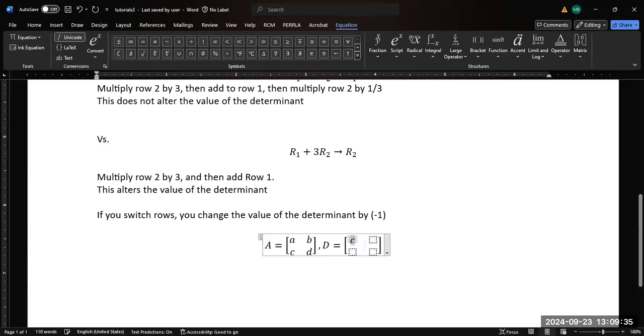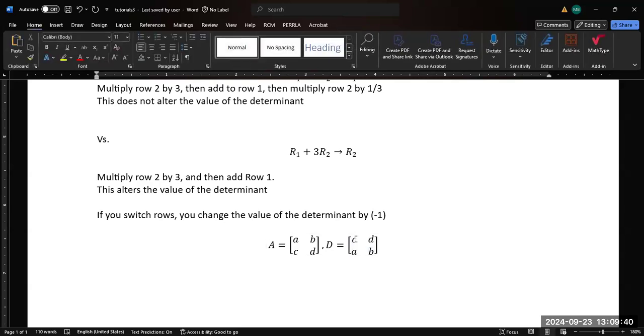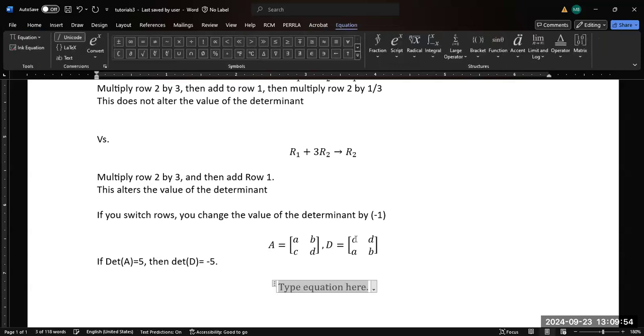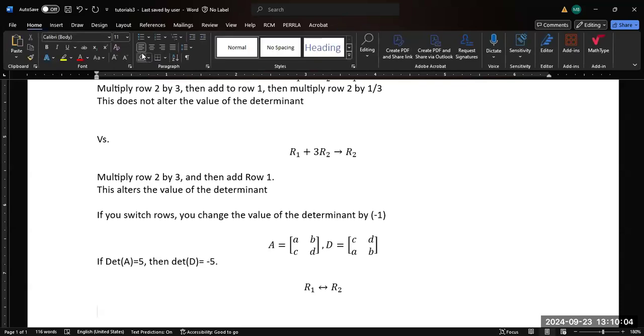Switching the order would be C, D, A, B. So then if that A is equal to 5, then that D is equal to -5. So that switching alters the sign. And so recall this is row 1 with the double arrow, row 2. So this you will have to keep track of because this is always going to alter the determinant.